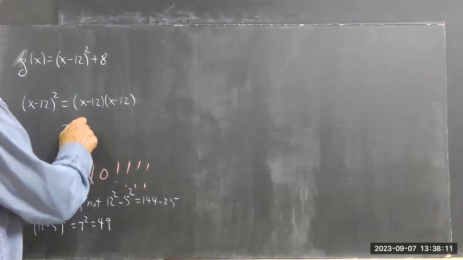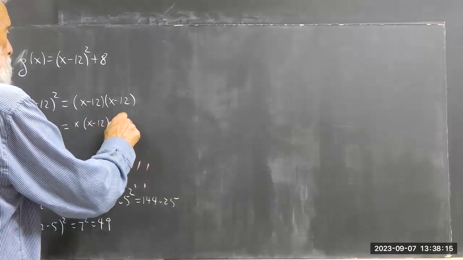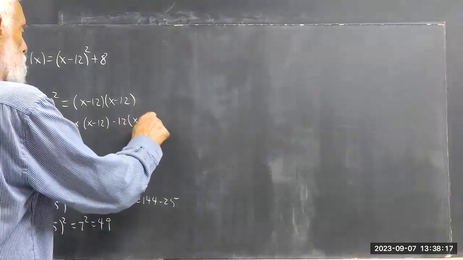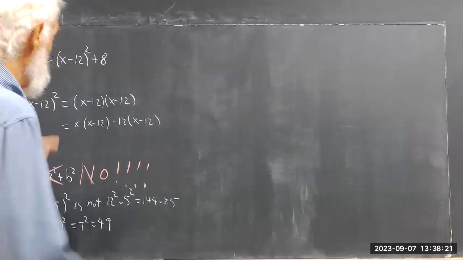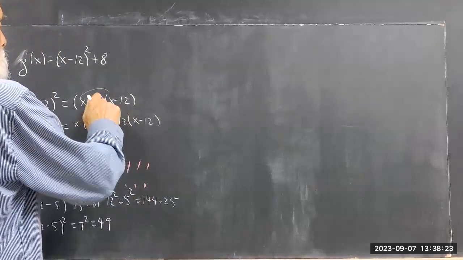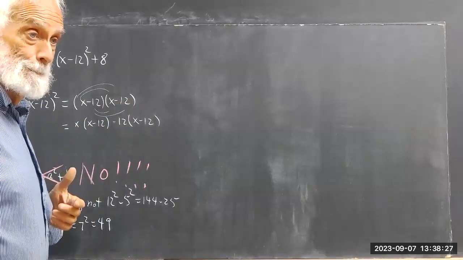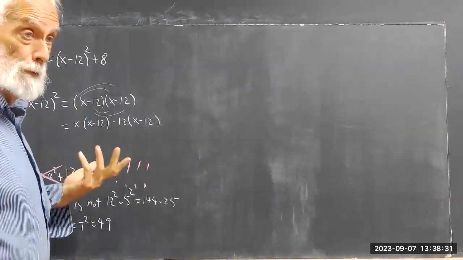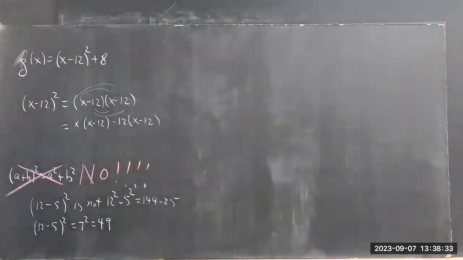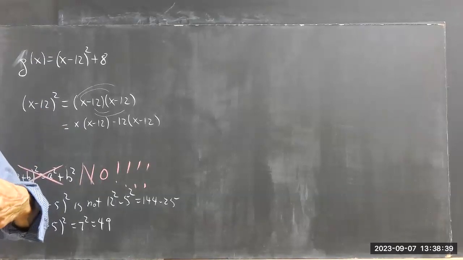I write this out as follows: x times x minus 12 minus 12 times x minus 12. This is the way I want to see you write it out. People are used to doing this, and that passes for the distributive law. It works. I still want to see it written out because I want to emphasize the use of the distributive law.